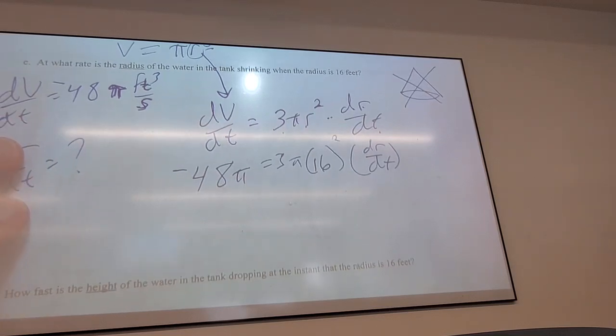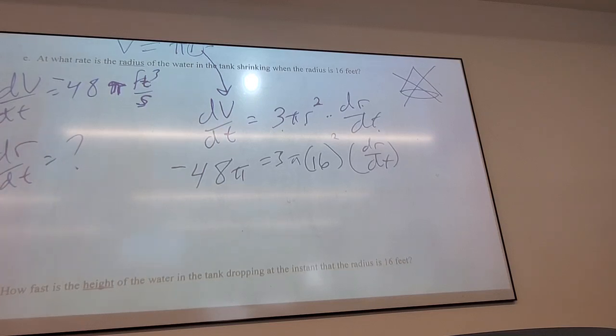Let's see, 3 times 16 is 48. Pi goes away, so it's 16. So it's negative 1/16, so it's negative 0.0625.